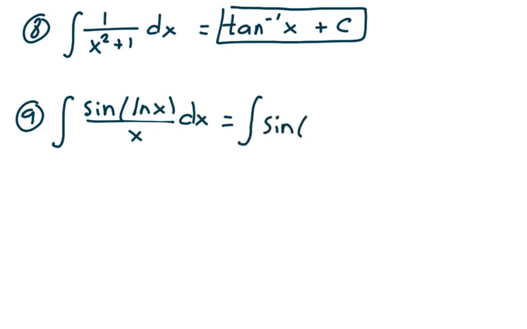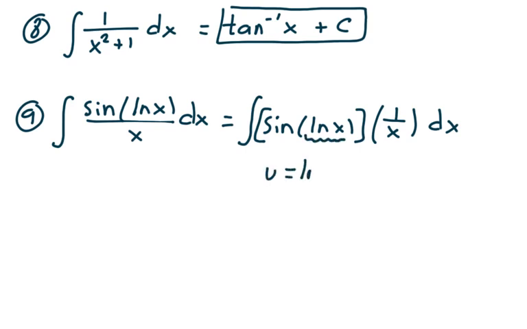I can write this as sine of natural log of x, and I'm going to take that quantity times 1 over x dx. Now, the inside function is the natural log of x. So that's a really nice choice of u. But du is 1 over x dx.